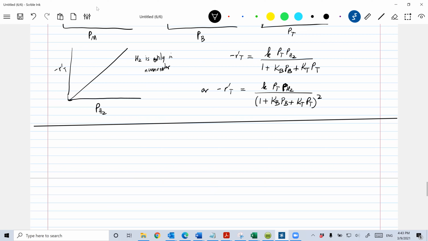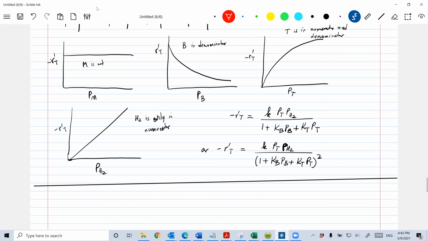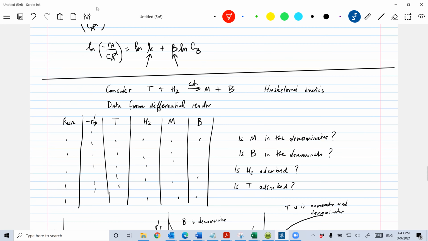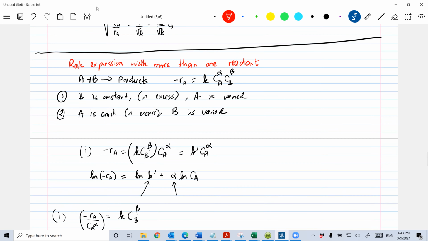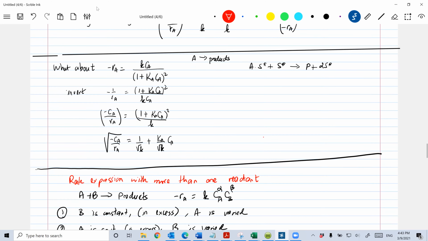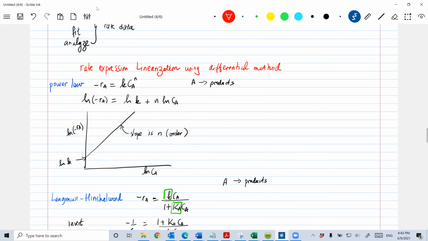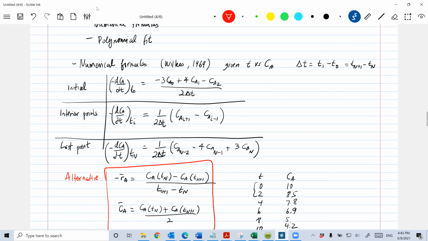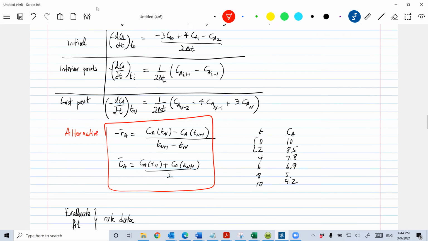So let's look at the integral method. Now this is all dealing with the differential method where we look at rate versus CA. So either we already have rate versus CA, or we convert time versus CA to rate versus CA using the methods I outlined here.